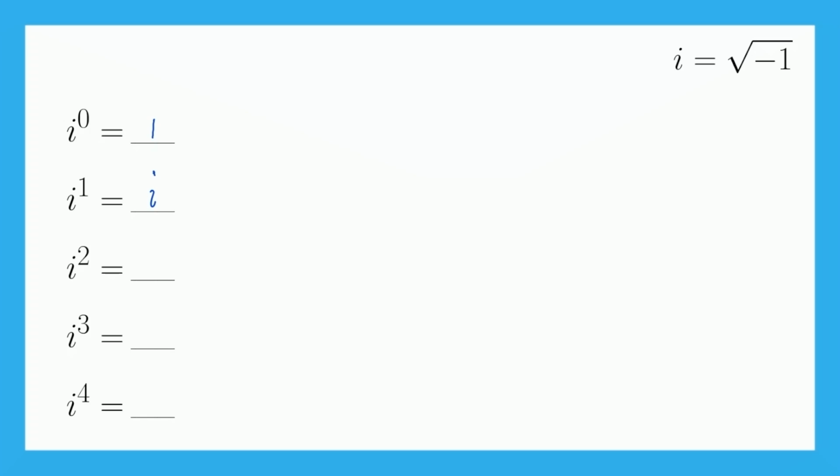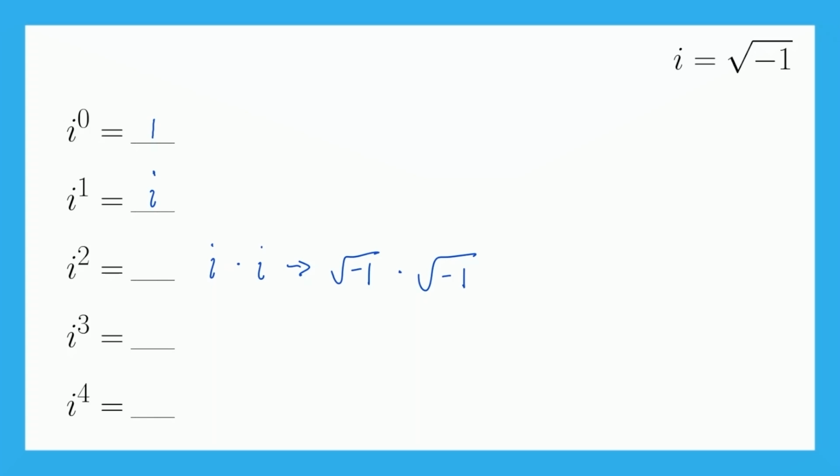Okay, well, think of it this way. i squared is like saying i times i, right? So let's write i times i. Well, we know that i is the square root of -1, so let's replace this i and this i with the square root of -1. So square root of -1 times square root of -1 is like saying the square root of -1 squared, right?